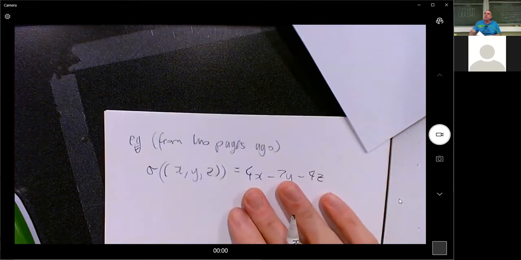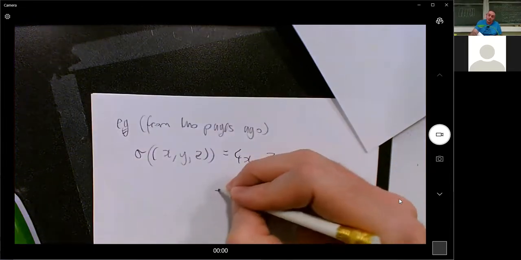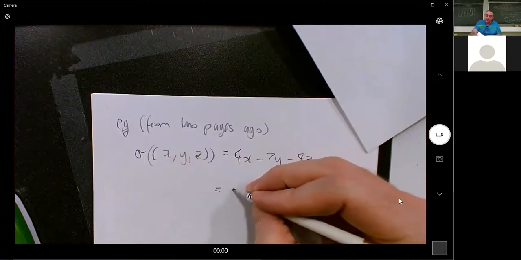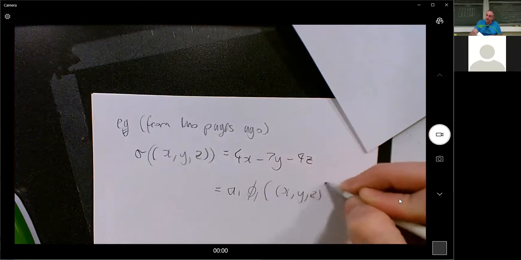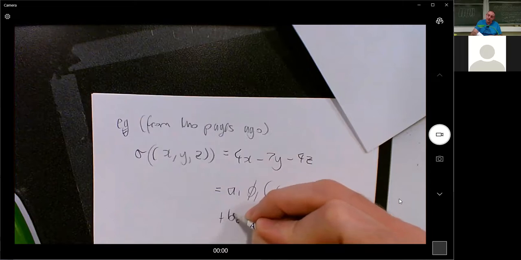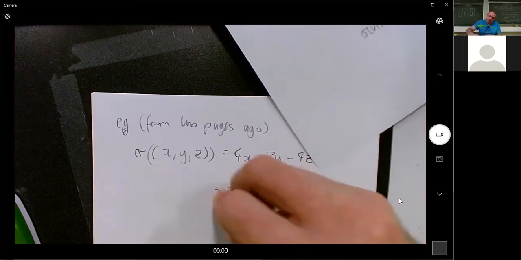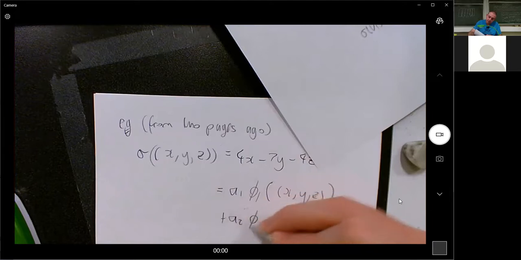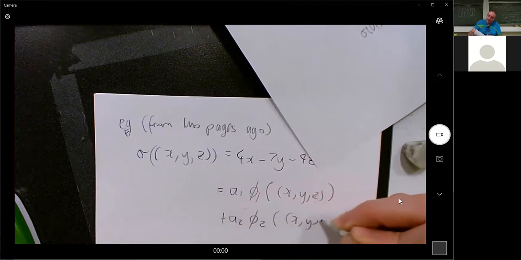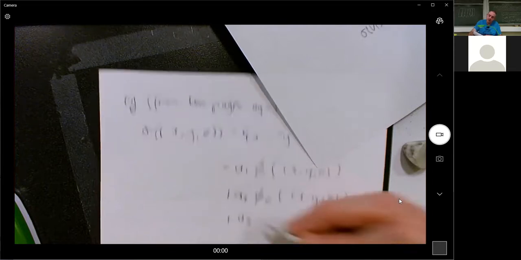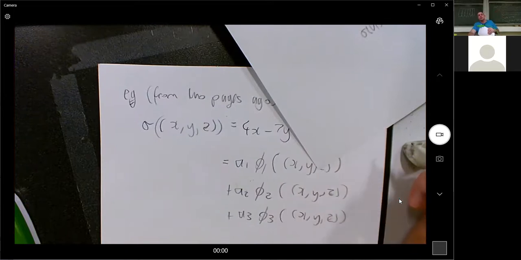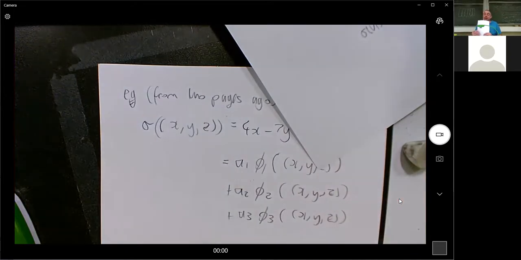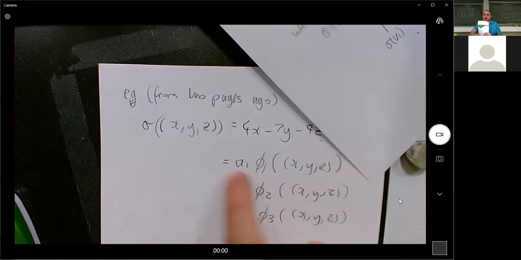Then it must be possible to write this, no matter what x, y, and z are, as something times phi1 of x, y, z, plus something times phi2 of x, y, z, plus something times phi3 of x, y, z. And the somethings are sigma of V1.